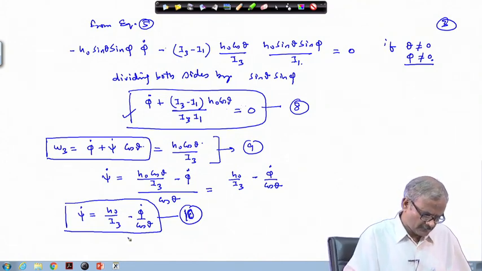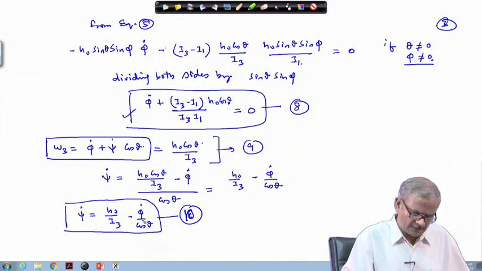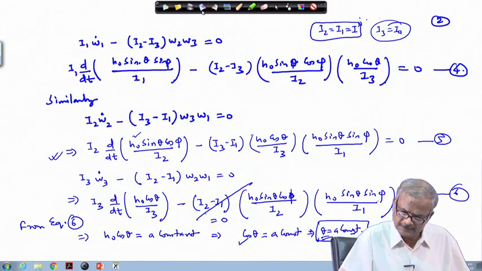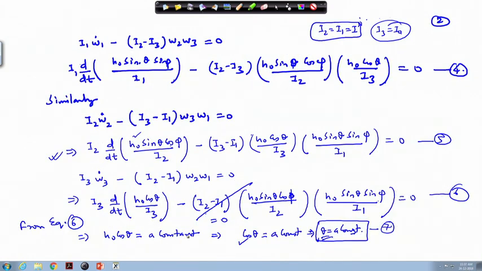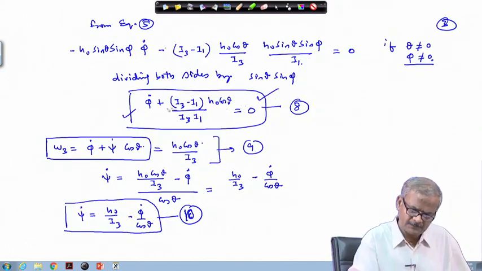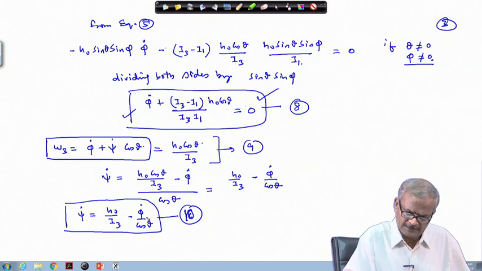Now, we can work on this further, because the phi dot we have already estimated. Phi dot, if we go back and look here, we have derived here in this place. So, we can insert this.